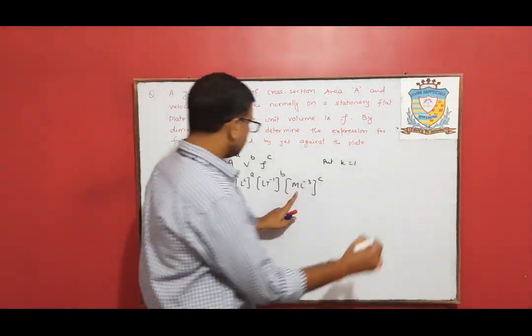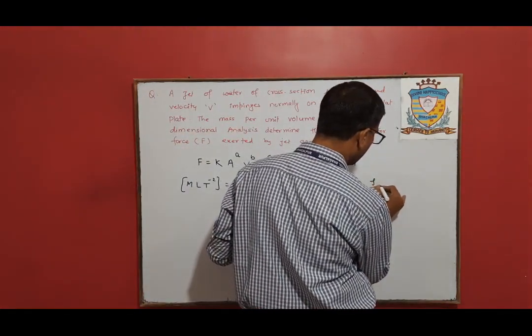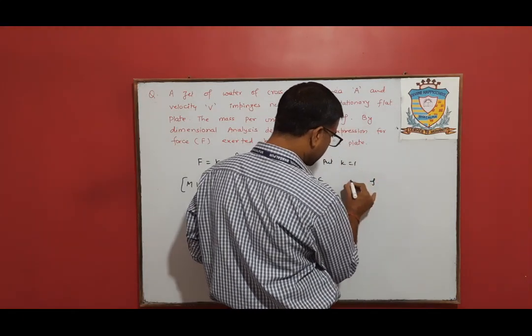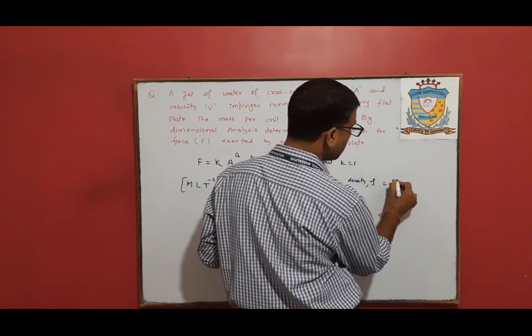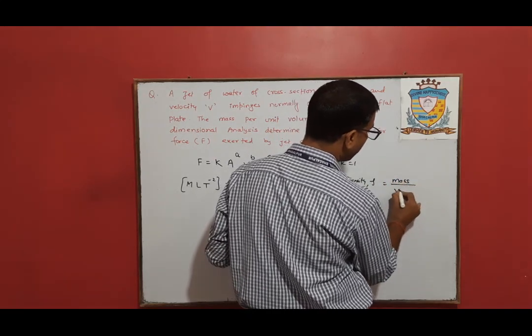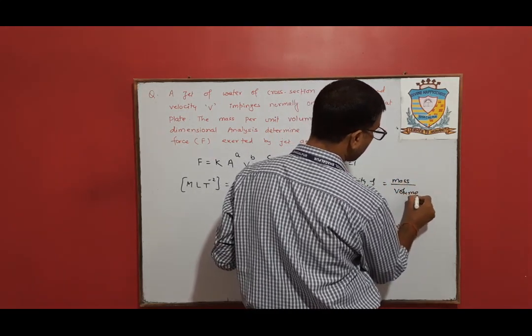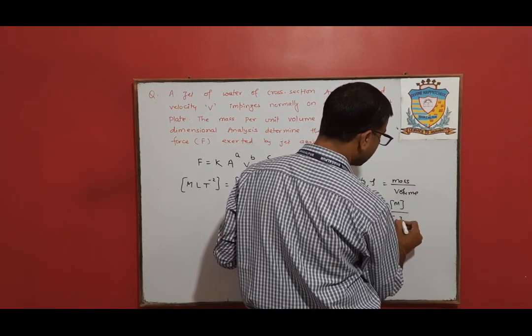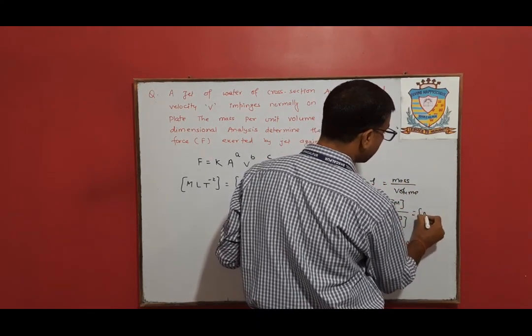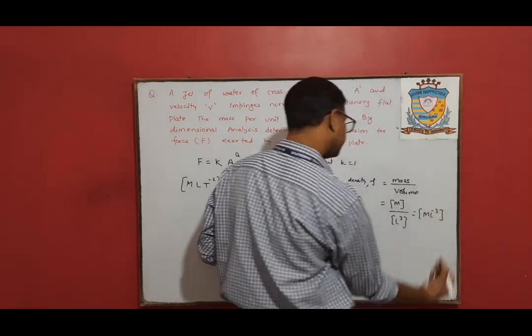Mass per unit volume, rho, or you can say density, is equal to mass upon volume. Here the dimensional formula for mass is M, for volume it is L3. So it can be written as ML minus 3.